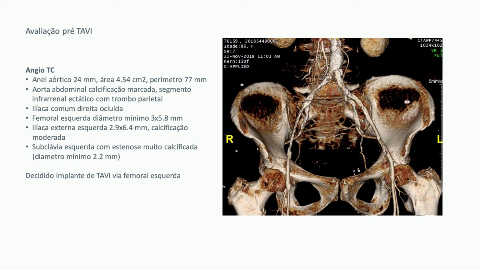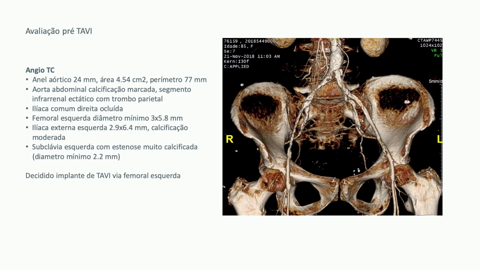The femoral is 3, 6, and a huge calcification of the left iliac. And the subclavian artery is 2 millimeters. So we don't have an aorta, and a thrombus on the wall of the aorta.